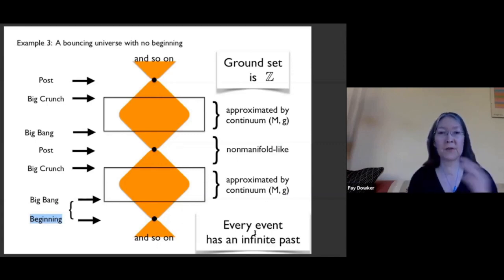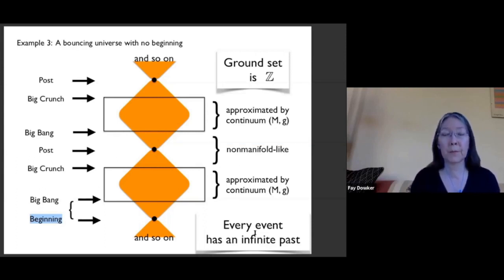There's just an infinite set of continuum epochs, each one beginning in a big bang, ending in a big crunch, with posts in between them all. And in this case, the ground set is Z, the whole of the integers. So this post, for example, in the middle here, that could be 0. And then all the elements down below will be the negative integers, and all of the elements above that post will be the positive integers.